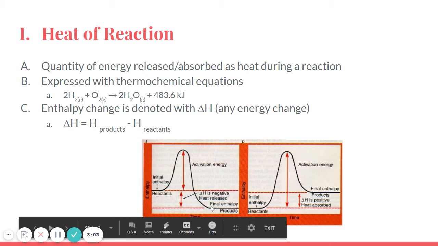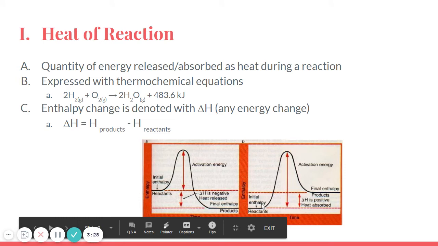That means that this is an exothermic reaction. I can tell by the graph because I released more energy than I put in. The difference between where the energy of the reactants started and the energy of the products, that's the enthalpy. So when I said you take products minus reactants, that is the enthalpy. In this circumstance, the enthalpy is negative, which is how we know it's exothermic.